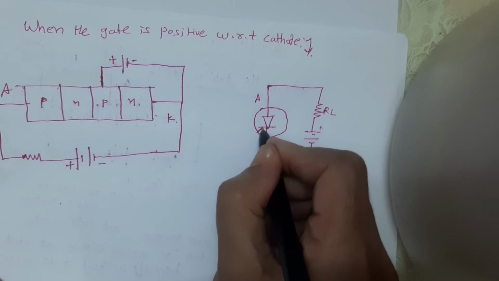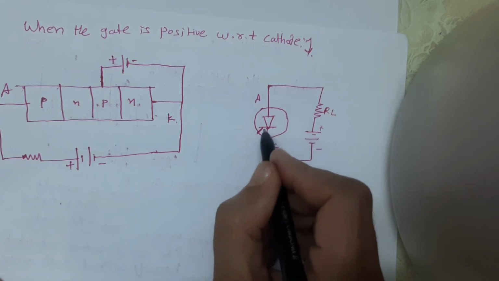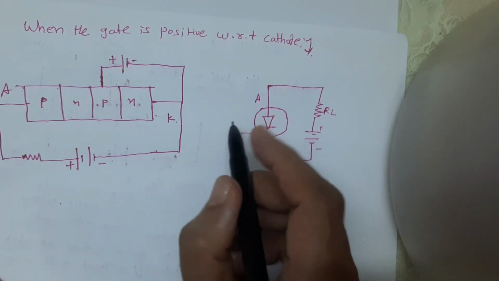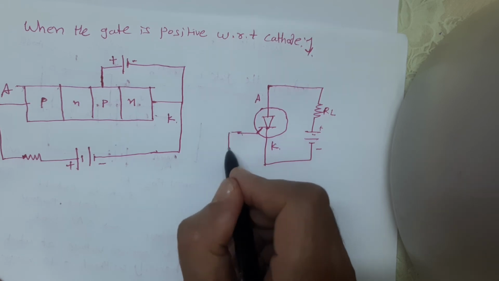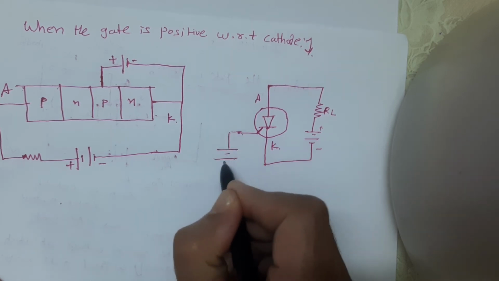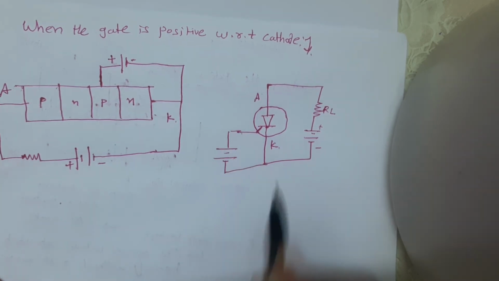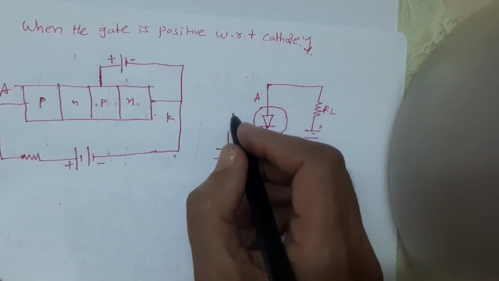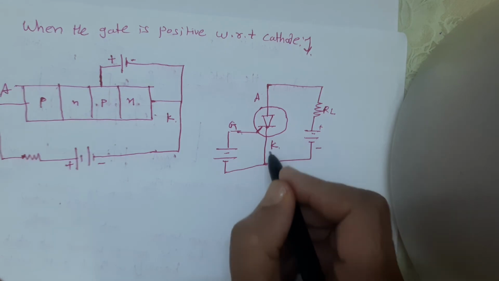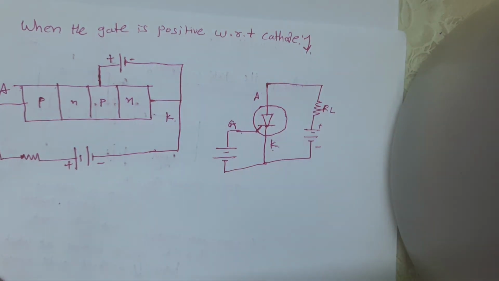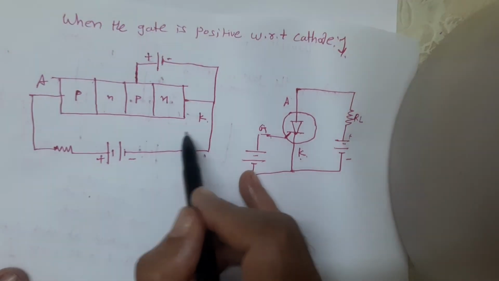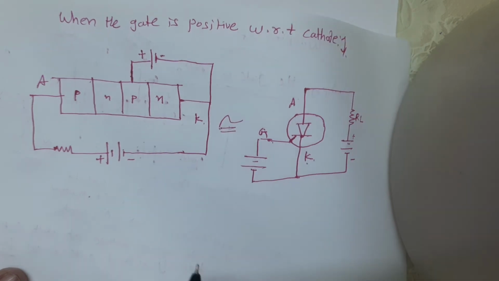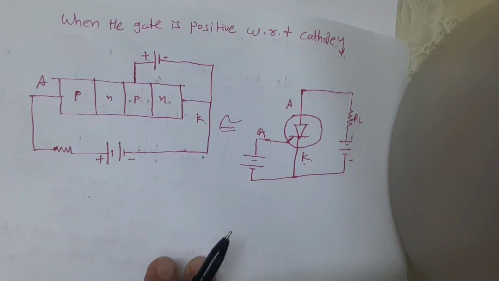Now what happened in the second case? The gate is connected with a small value of voltage, positive with respect to cathode, right? This is your gate, this is your cathode, this is your anode. This is the equivalent circuit of the internal structure.